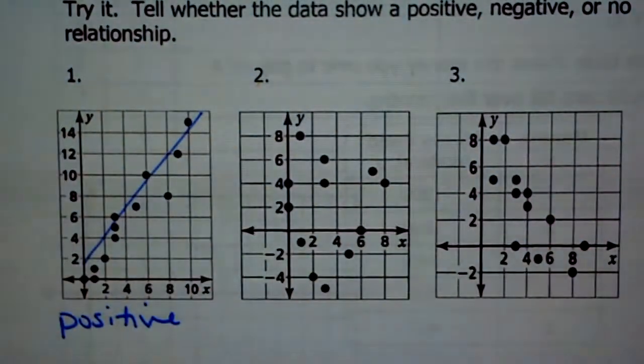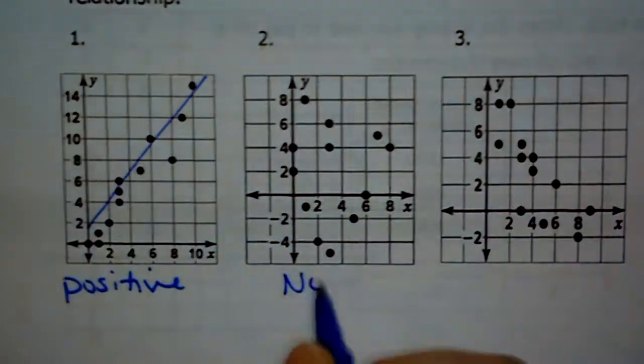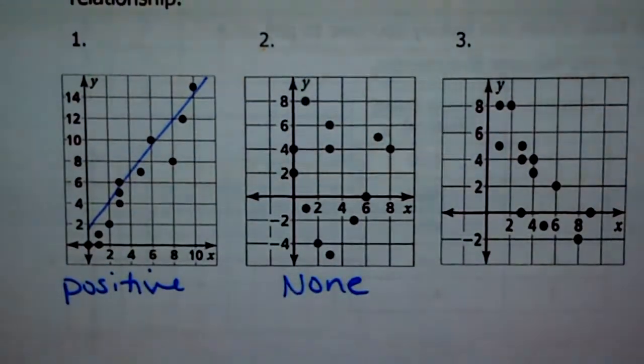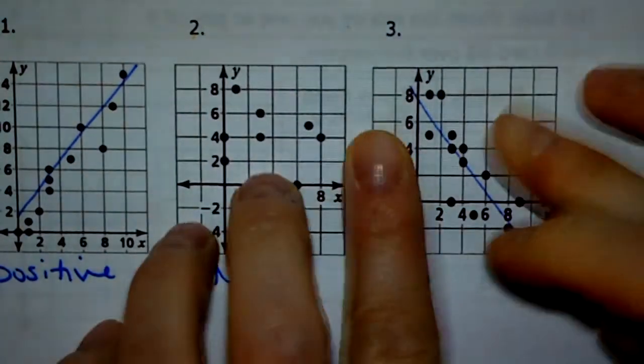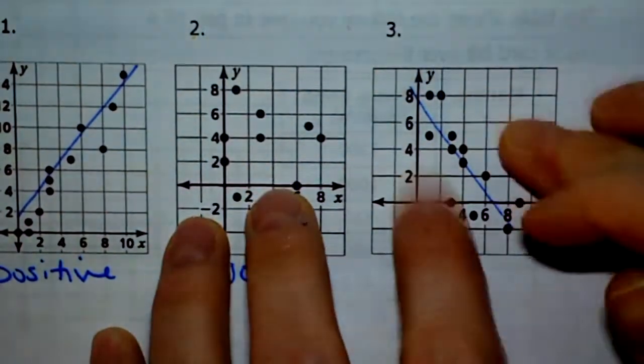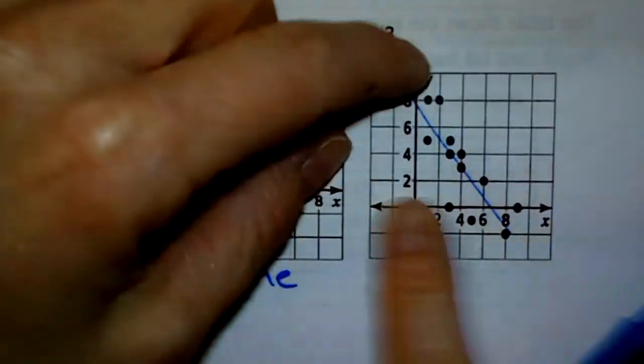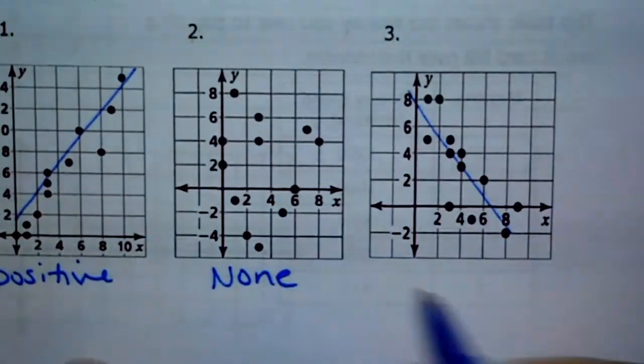They don't wrap around the line. So this data is all over the place. We're going to say none. There's no correlation. And last, if I drew a line through this, I would say that because as x is increasing, y is decreasing, this is negative.